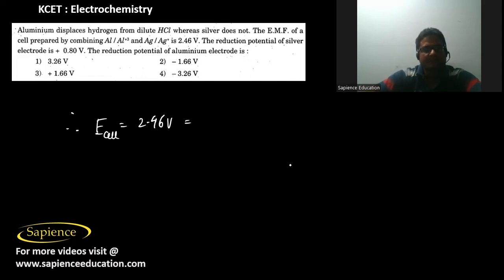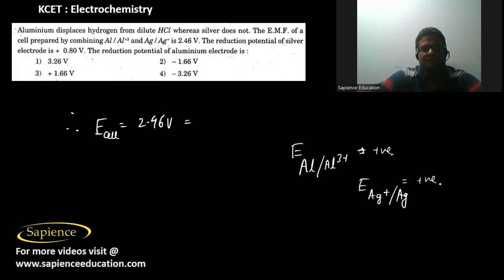So it means that aluminium will easily form Al3 plus, and Ag plus will form Ag. This will be positive. So it means this will happen at the cathode, means Ag plus will convert to Ag at the cathode, and aluminum will change into Al3 plus at the anode.